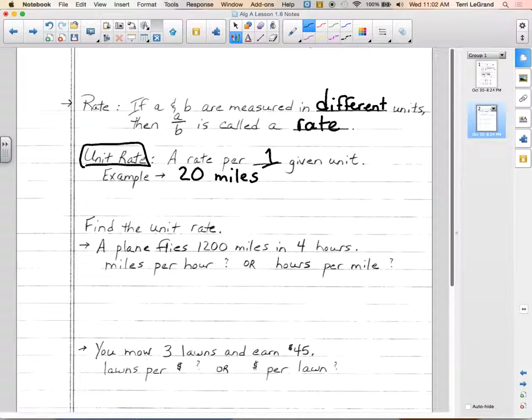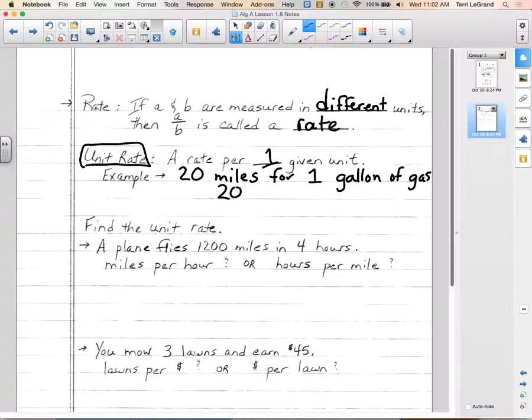So 20 miles for 1 gallon of gas. So when I write that as a unit rate, that's it written out in words because it's per one given unit. I get 20 miles for 1 gallon of gasoline.